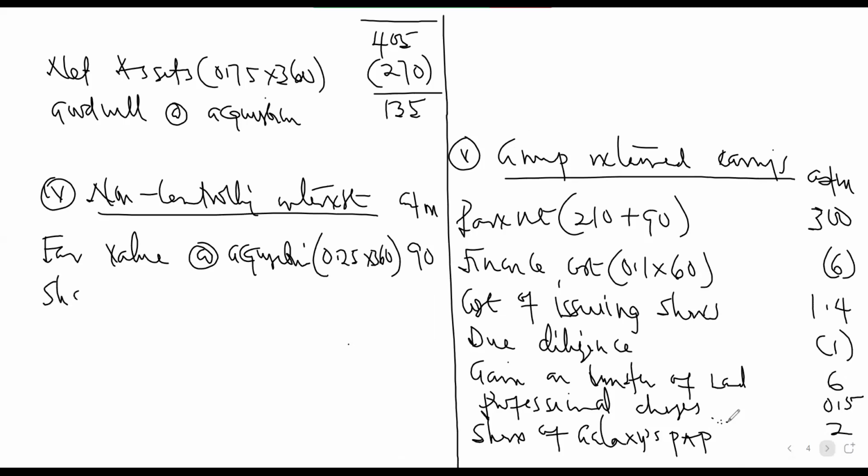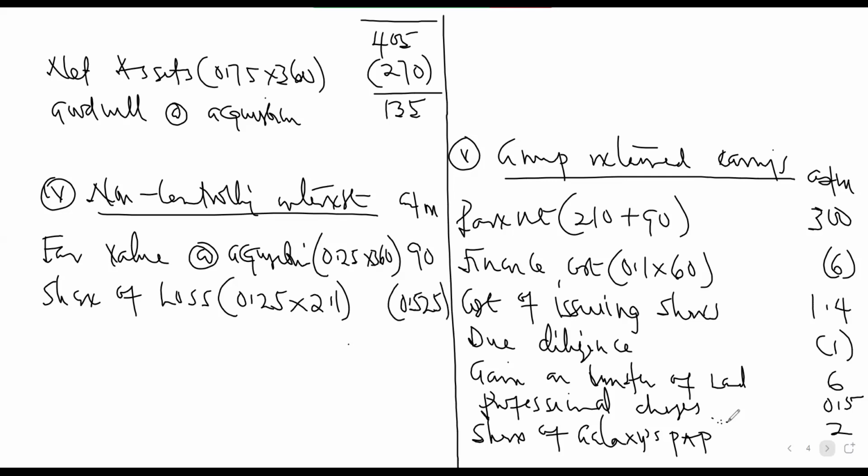So we have the share of loss. The NCI will be having 0.25 multiplied by 2.1. What are they going to be having? 0.525. Okay, so we have 0.525.